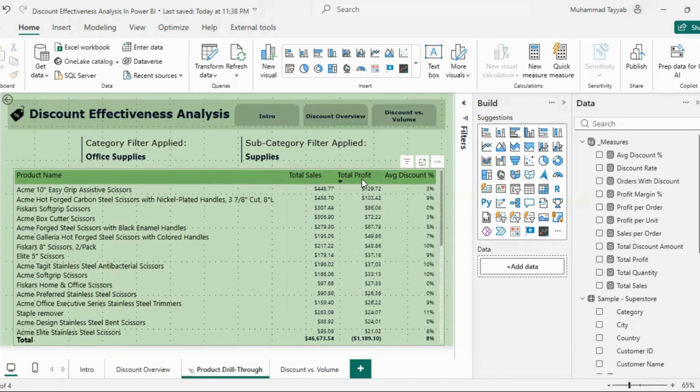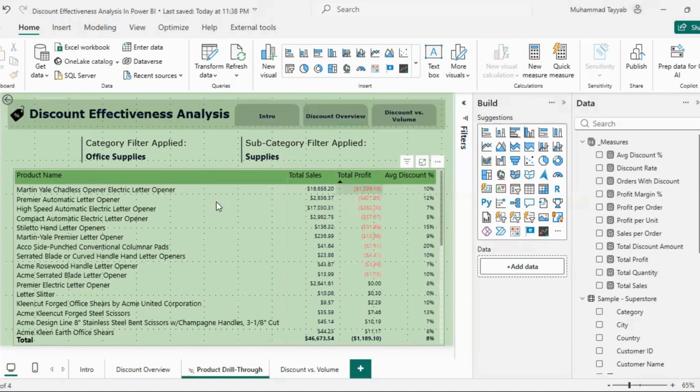If I sort it in ascending order, we have this product which is giving us a negative profit. So we need to do something about this, right? What could be the reason for this? This is how we can look into products under different categories and subcategories as well. This is powerful because a category manager doesn't have to look at averages. They can go straight at the problem product.